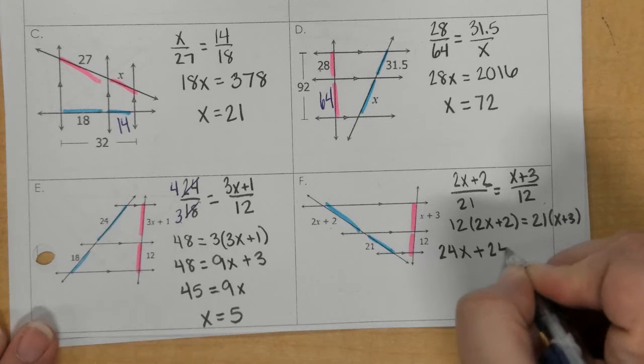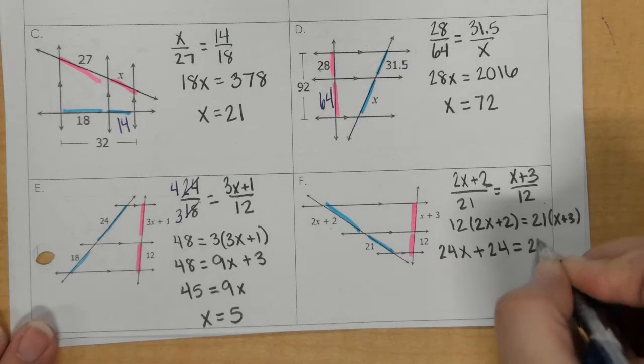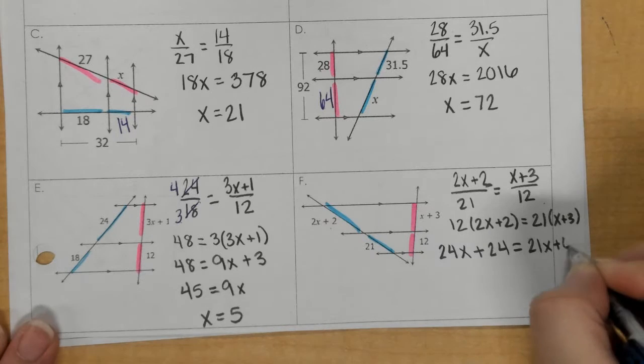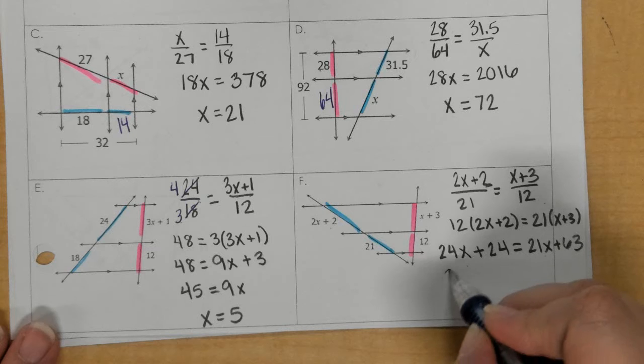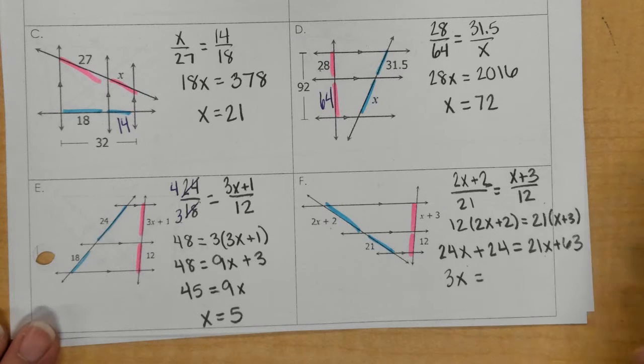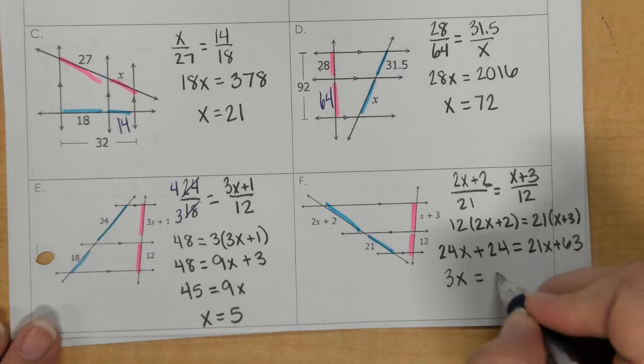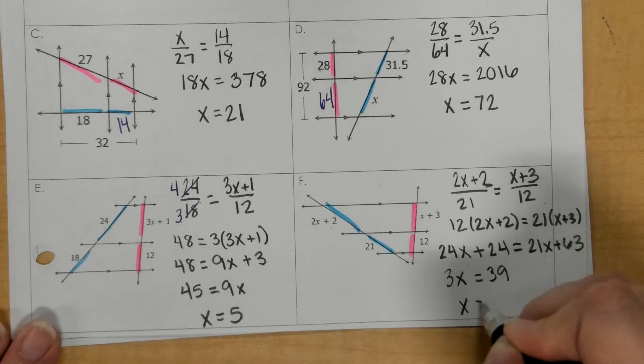Distribute. If I subtract 21, we get 3x. If I subtract 24 from 63, I get 39. So x is 13.